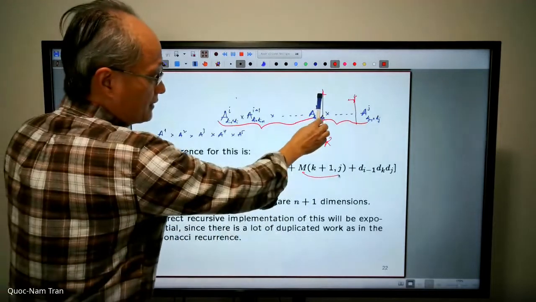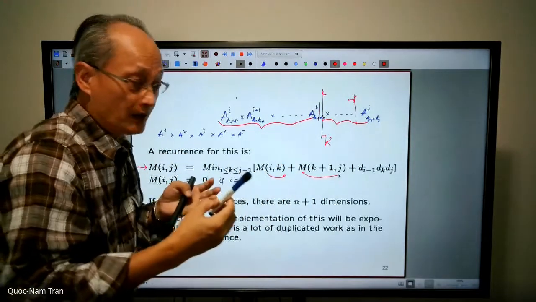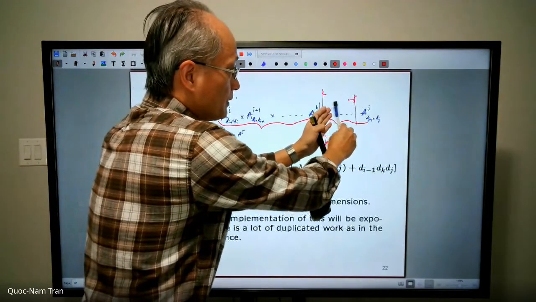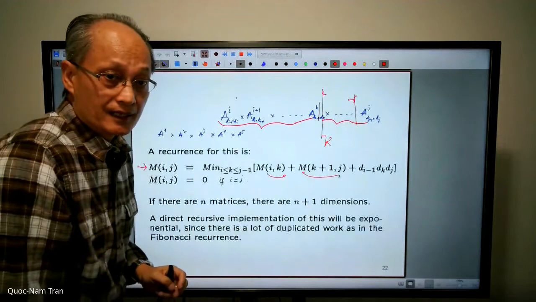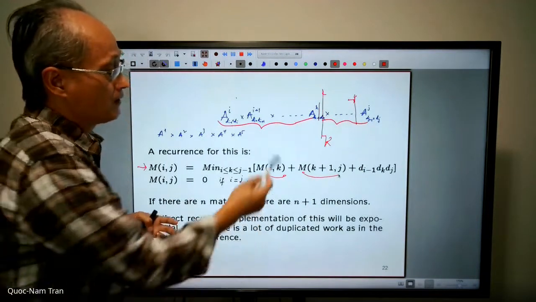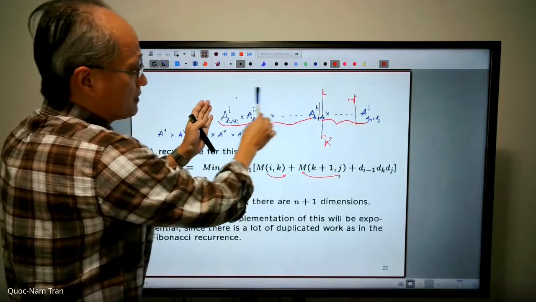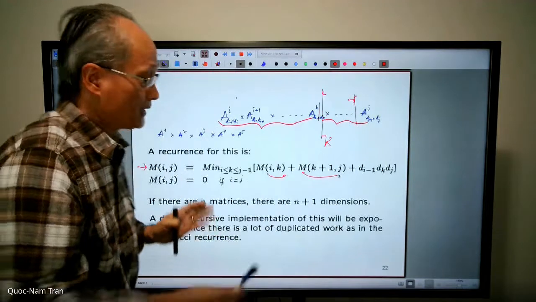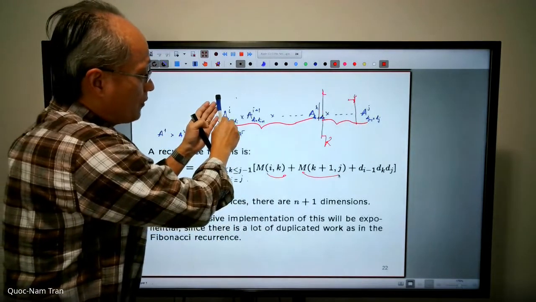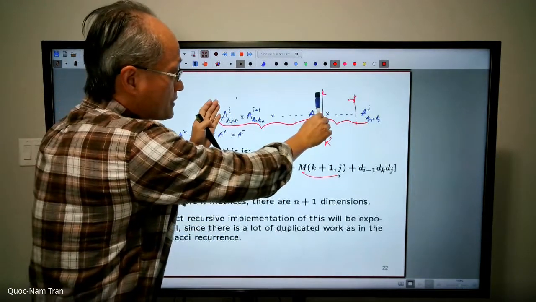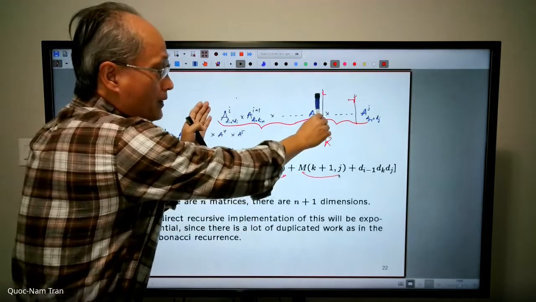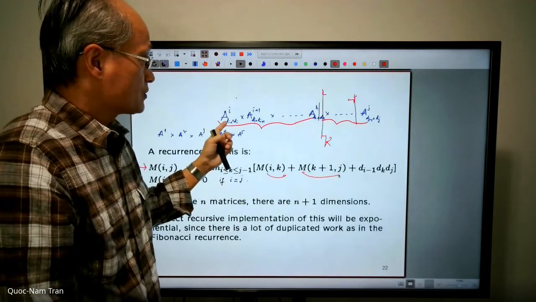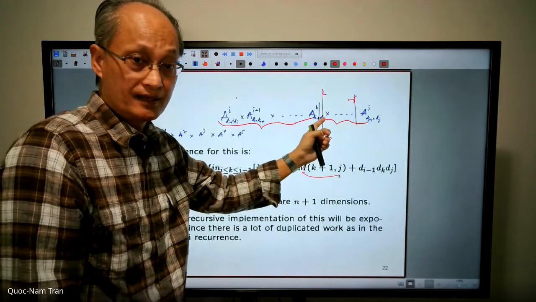So if we cut it here, then we take the optimal cost from I to K, and the optimal cost from K plus 1 to J, plus the cost for multiplying this result with this result. Remember that after we found the optimal cost for multiplying this sequence, the result will be a matrix that has what size?